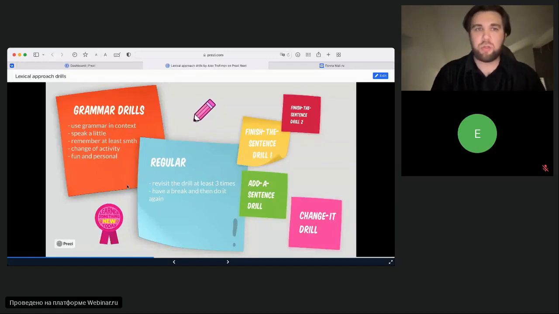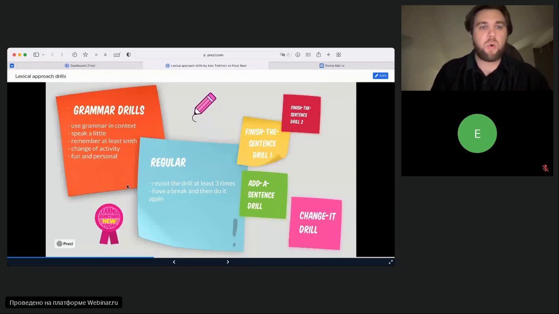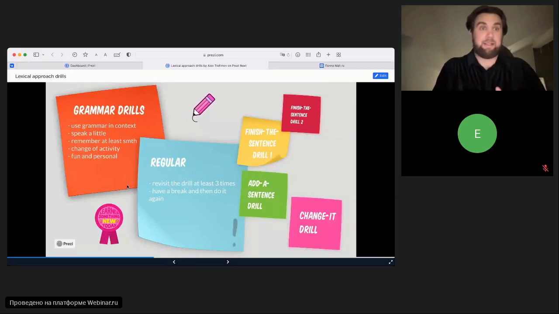We're going to do 1 or 2, and all the others I'm just going to explain. For grammatical drills, we use grammar in context. We speak a little, we say at least something, and remember at least these sentences that they repeated.